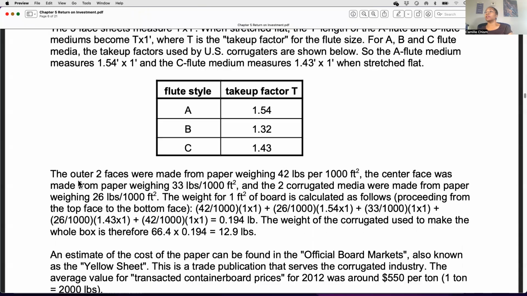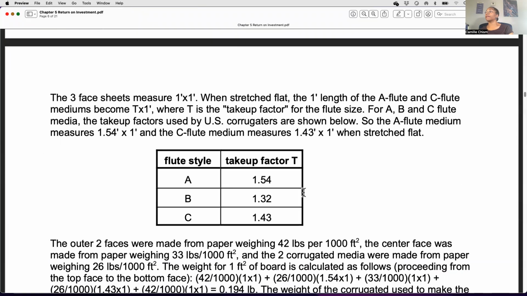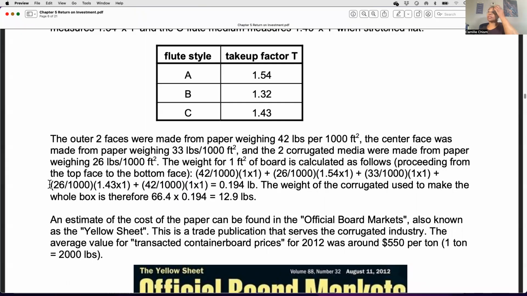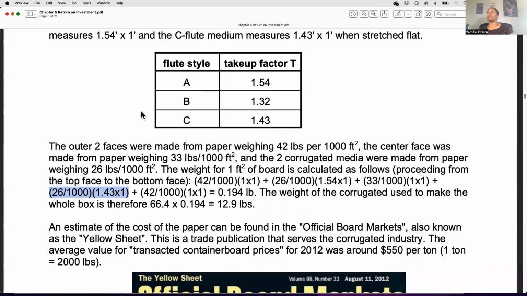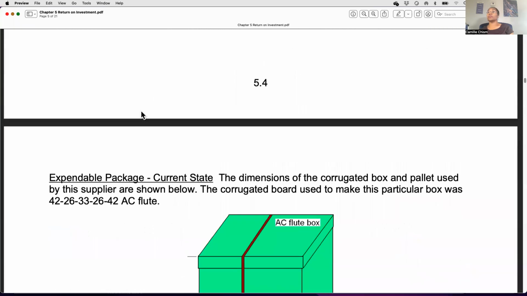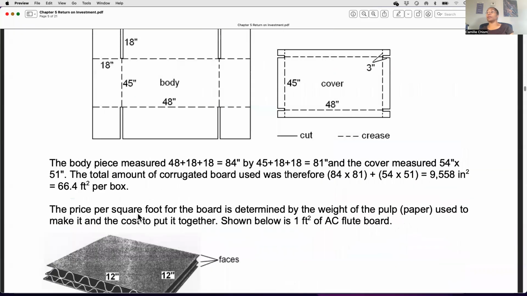Because that is your middle liner, right? So that doesn't have any take-up factor. That's just 1. And then the next one is going to be a fluted one, which is going to be the 26-pound liner or corrugated divided by 1,000 times 1.43 times 1, because you know that that's the C flute. So again, when we go back here, it's a C flute. So that's how you know it's the liner, A flute, liner, C flute, liner. So that's what they're doing there.